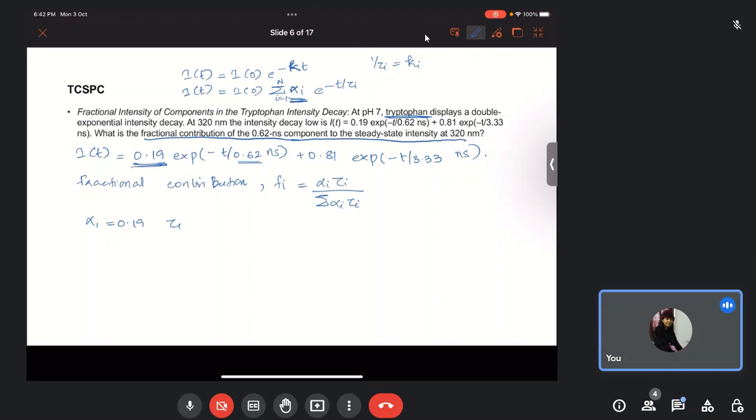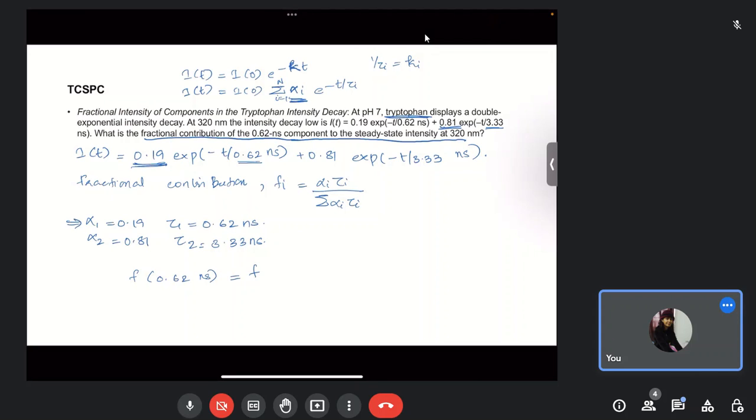So tau 1 is equal to 0.62 nanoseconds. Alpha 2 is equal to 0.81, which is given here. Tau 2 is the denominator in the exponential, which is 3.33 nanoseconds. So the fractional contribution by the 0.62 nanoseconds subunit is equal to F.